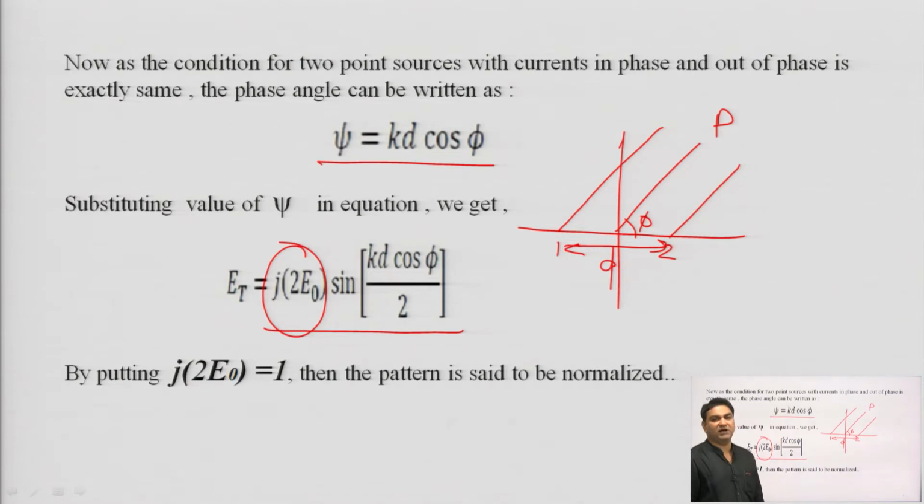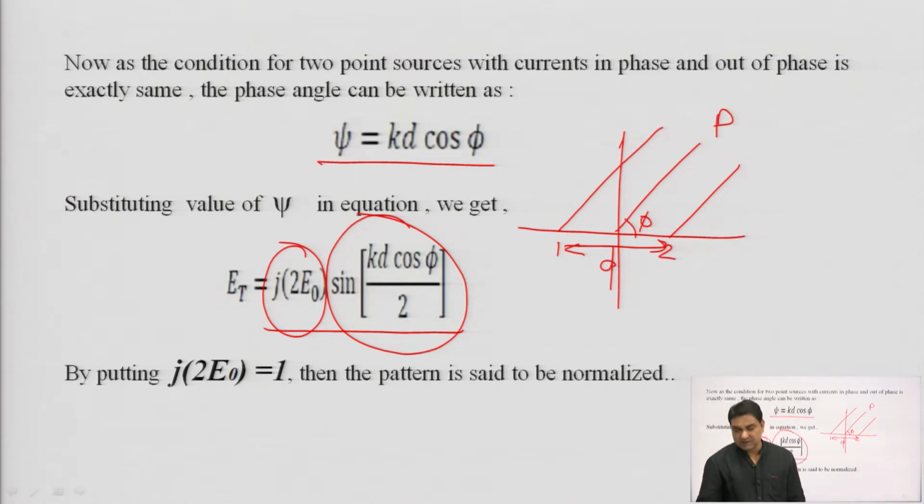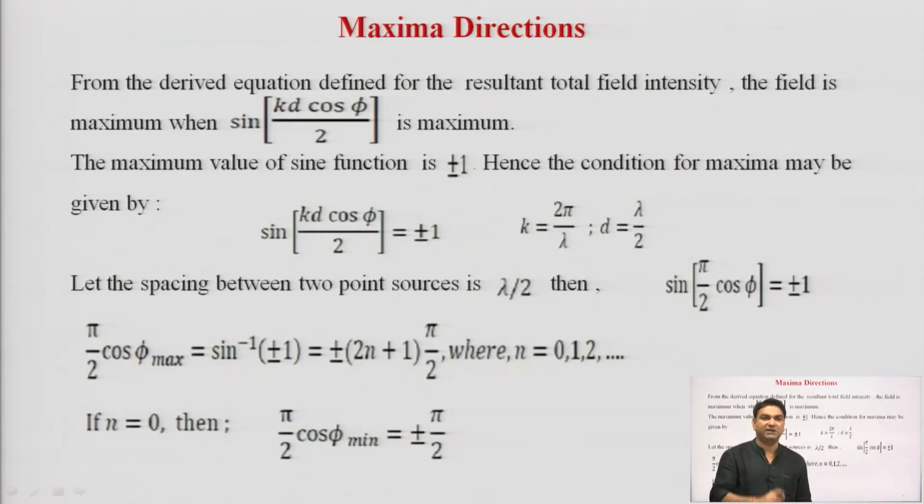So, we have to calculate the different directions of pattern maxima, pattern minima and half power points by considering this particular value. So, we will discuss and analyze this particular component like this. For getting the maxima directions, how can we calculate them?